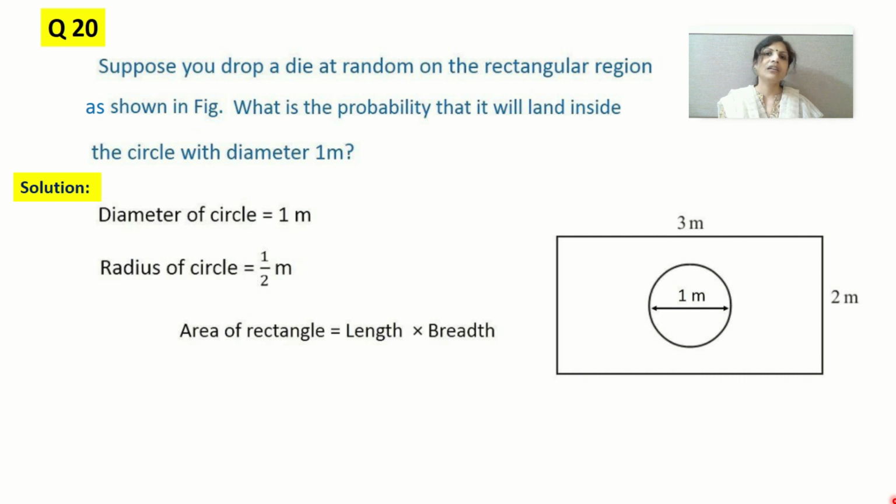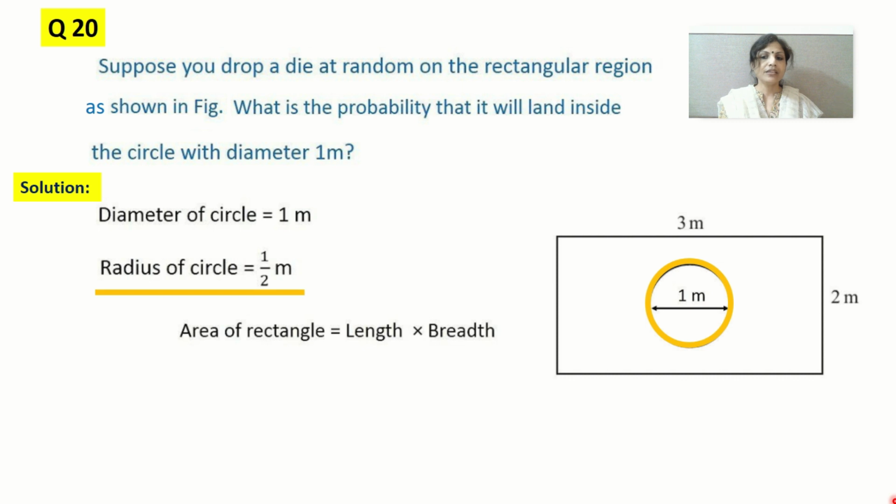Now here we will consider area of both the geometrical figures to find the probability. So let's first write down the measurements. We have been given a circle with diameter 1 meter. So its radius is equal to 1 by 2 meter. Then we will first find out the area of a rectangle, because in this sum our sample space, or total number of outcomes that we have to consider, is the area of a rectangle.